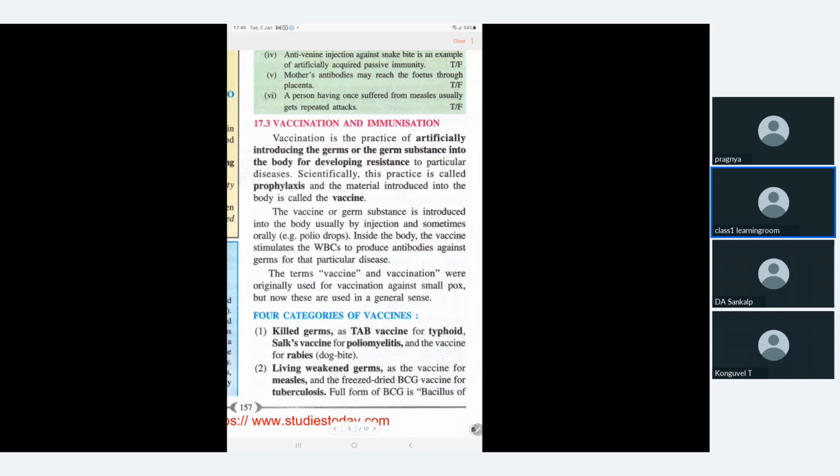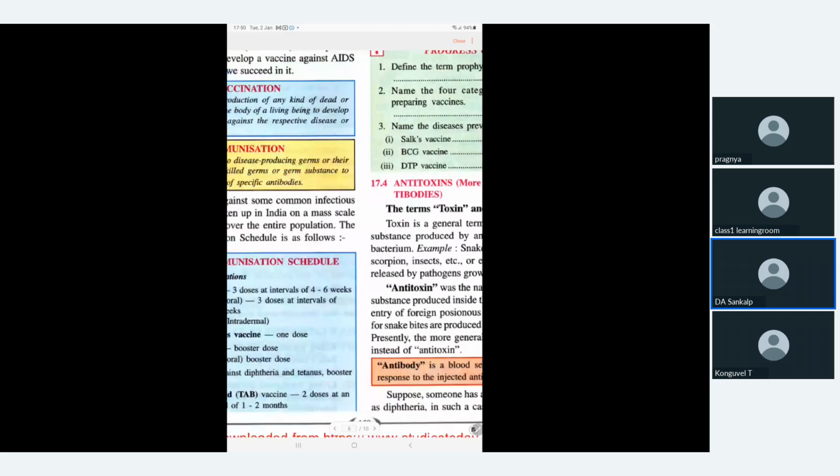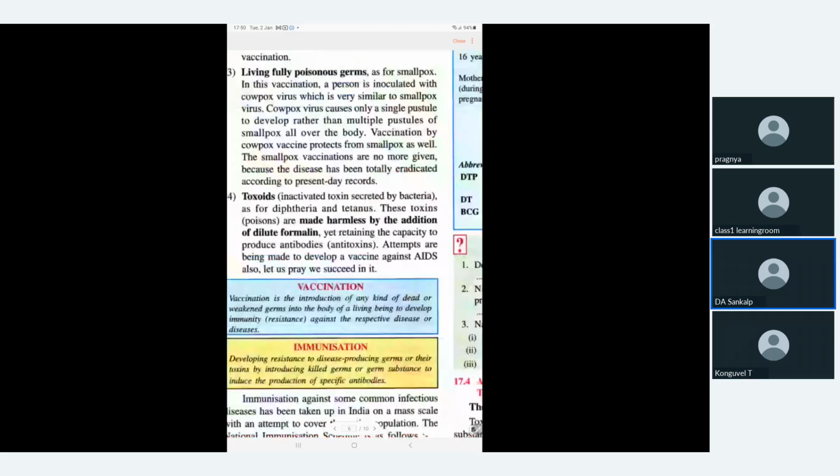And BCG, I told you, BCG stands for Bacillus of Calmette and Guerin, after the names of the two French workers who developed the strain. So it's BCG. Fine.